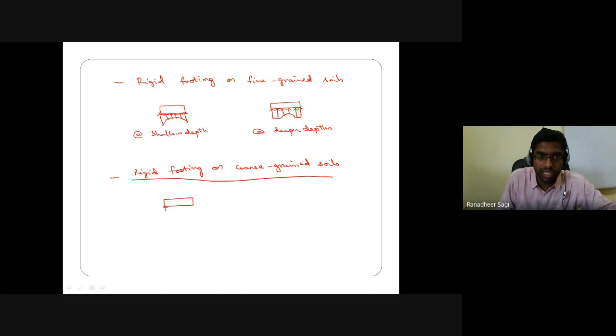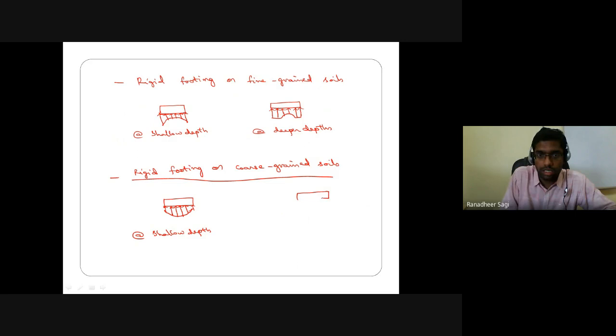The contact pressure at the edge is going to be minimum and at the center it is going to be maximum. This is your contact pressure distribution diagram in the case of the rigid footing on coarse grained soils constructed at shallow depth.